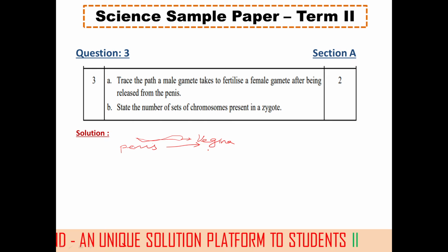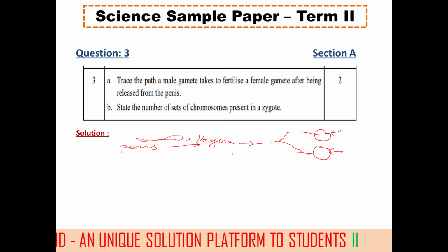Through intercourse of male and female, it goes to the vagina, and through the vaginal tube, it goes to the fallopian tube, there are two fallopian tubes, it goes to the uterus, and at that place it meets the egg and makes the fertilization. So these are the steps.